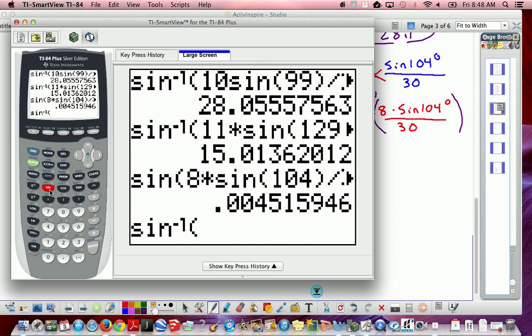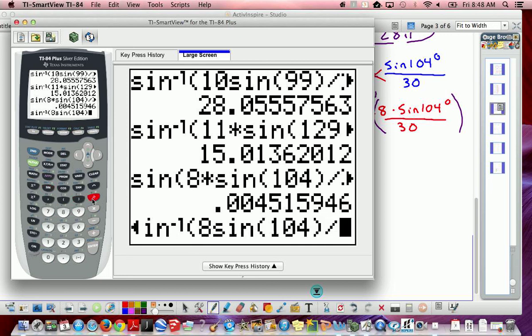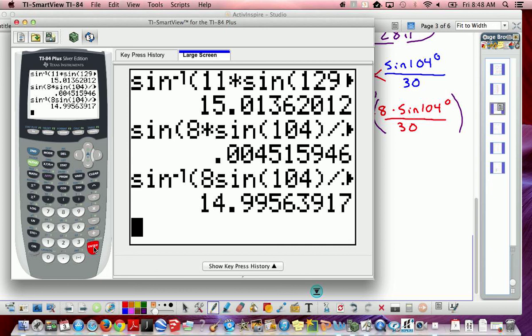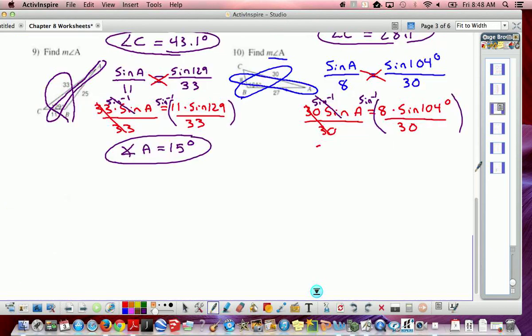I could have sworn I hit it that time, but oh well, glad I caught it. 8 sine of 104, close parenthesis, divided by 30. Let's get it right this time. 14.995, which would round angle A to 15.0 degrees.